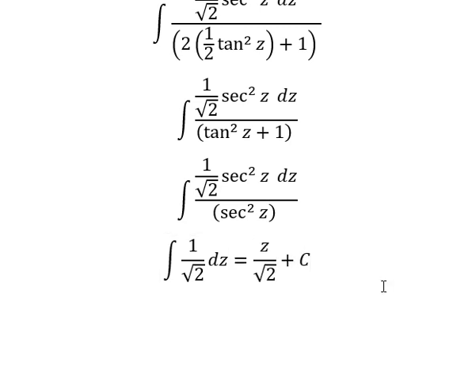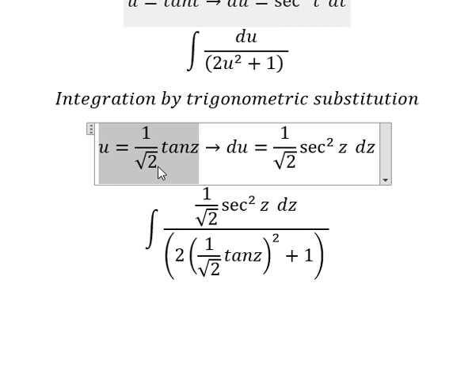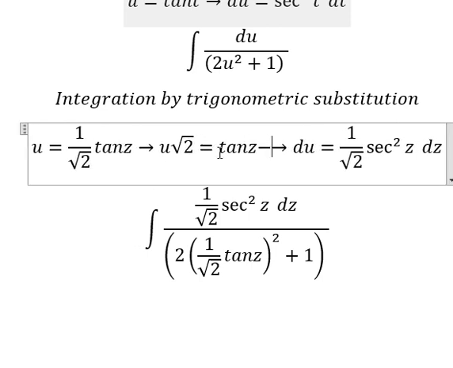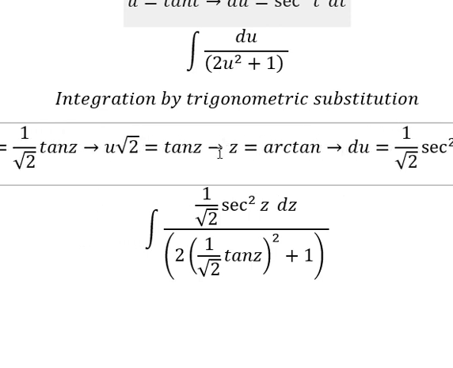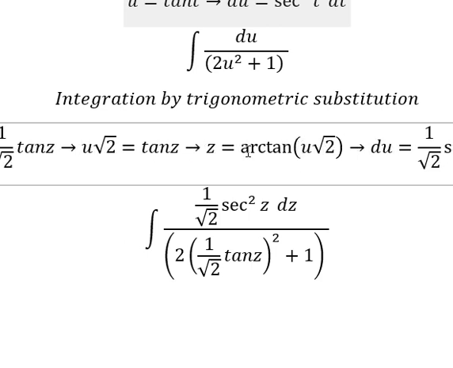About z, that is this one. So we put this one to the left. And we got z equals arctan of this one. So I will put this one to change for z.